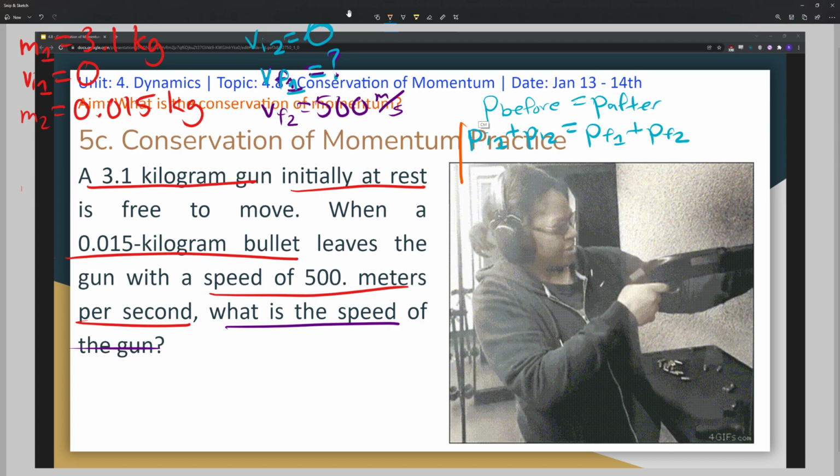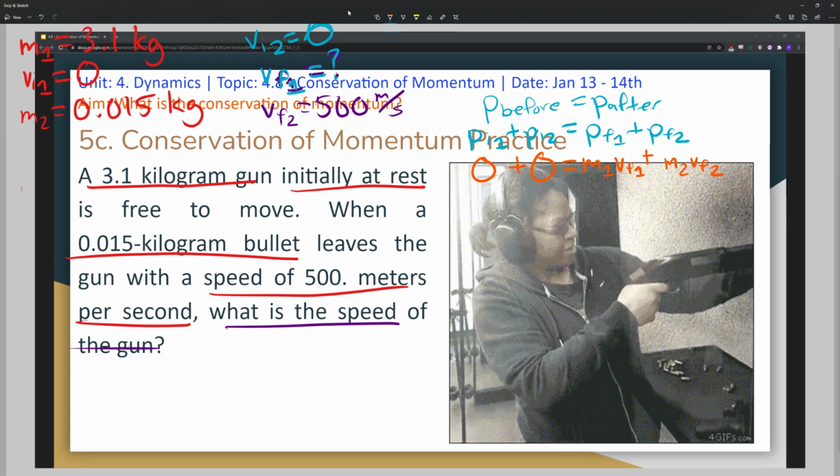I think orange. Since your initial velocities are 0, you have no momentum. You don't have any momentum if you're at rest. So 0 plus 0 is equal to mass 1 times the final velocity of object 1 plus mass 2 times the final velocity of object 2.